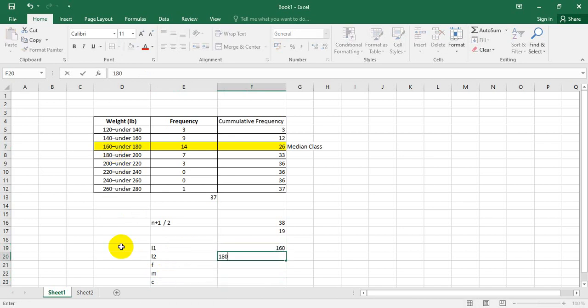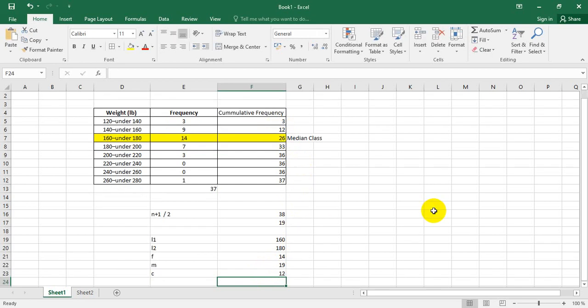Upper limit is 180, and frequency is 14. Frequency of the median class is 14, and M represents the middle score, which is 19, and C represents the cumulative frequency preceding the median class. Here the one preceding the median class is 12, so consider only 12.